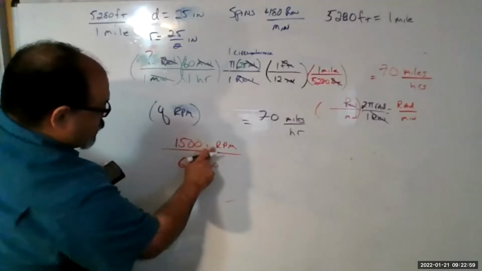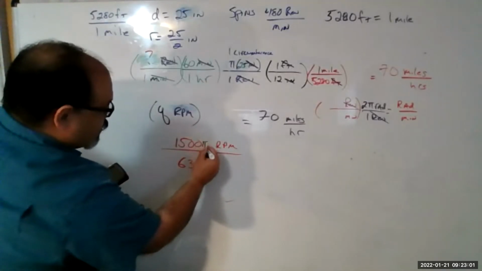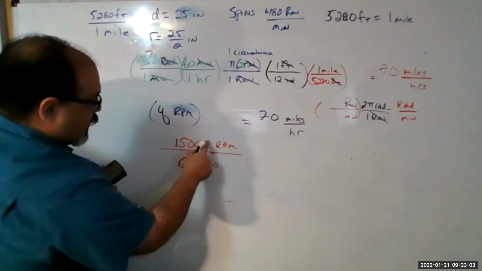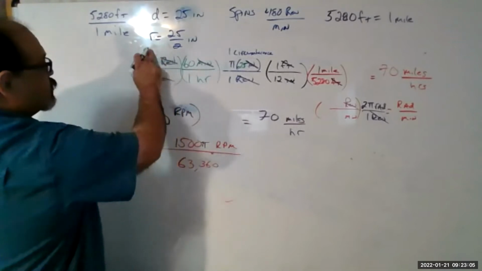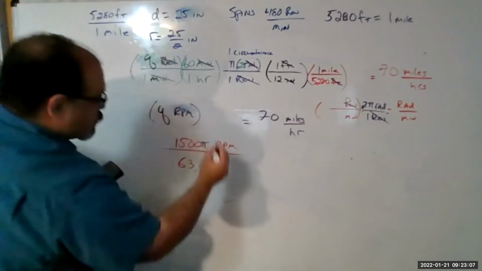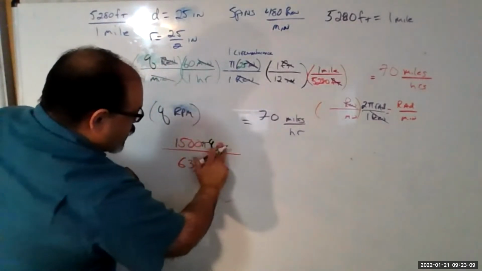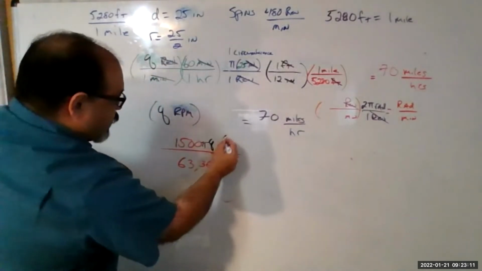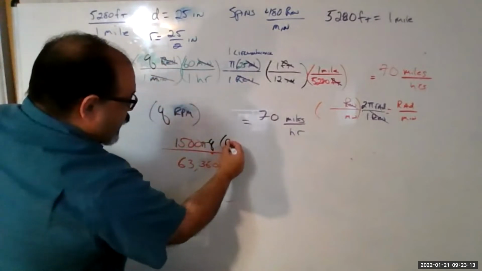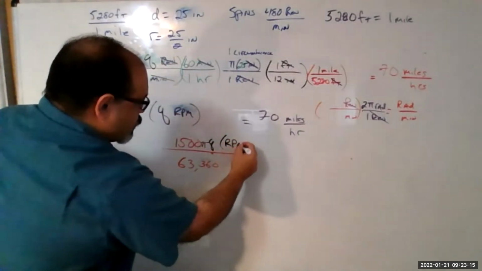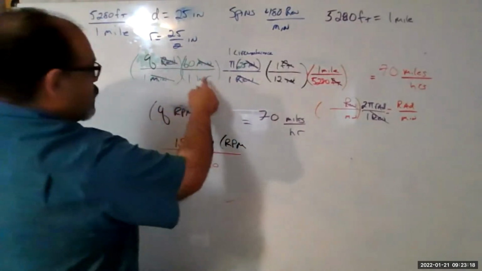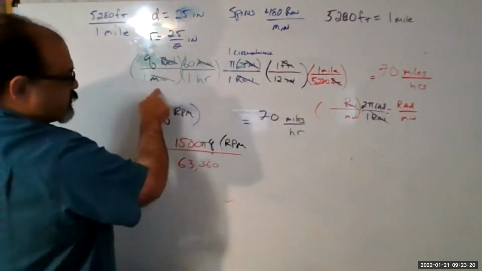Right, I didn't put my pi. So I have 1,500 pi, and then I'm using Q times a Q, and this is going to be in the numerator. I have the units RPM, and minutes would still cancel.